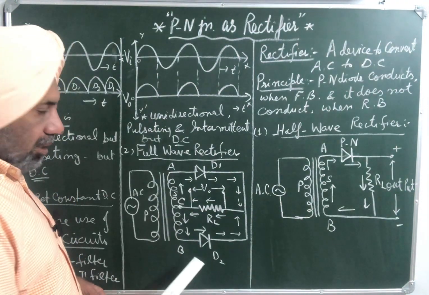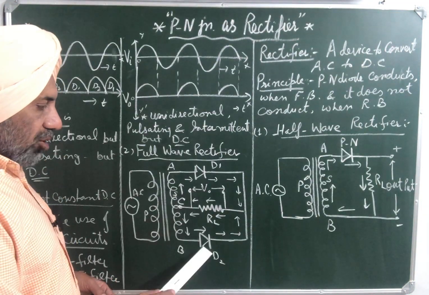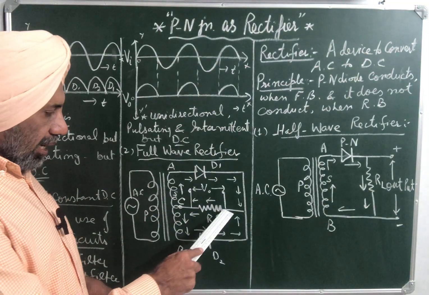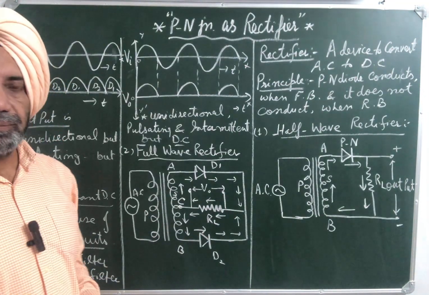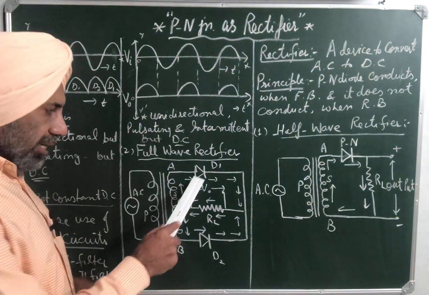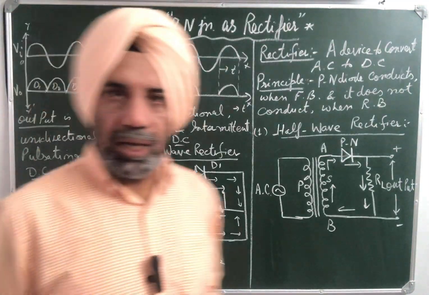So we see that through the load, whether D1 conducts or D2 conducts, in both cases, whether the positive half cycle falls or the negative half cycle falls, current is from right to left. It means current is unidirectional but pulsating, and it is DC.